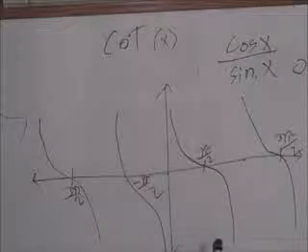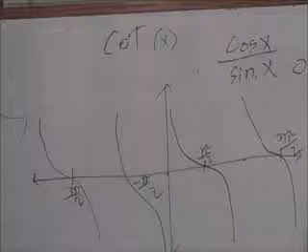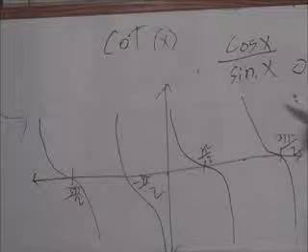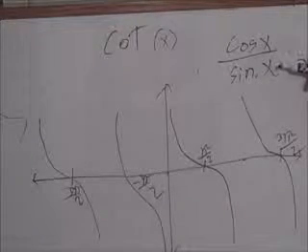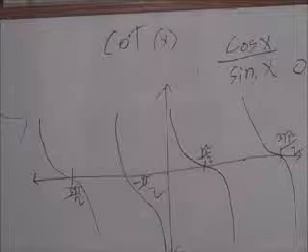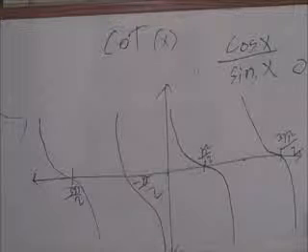This is cotangent x, and you can see by its definition, because cotangent x is defined as cosine x over sine x, that you can start to see why the zeros and the asymptotes are where they are.